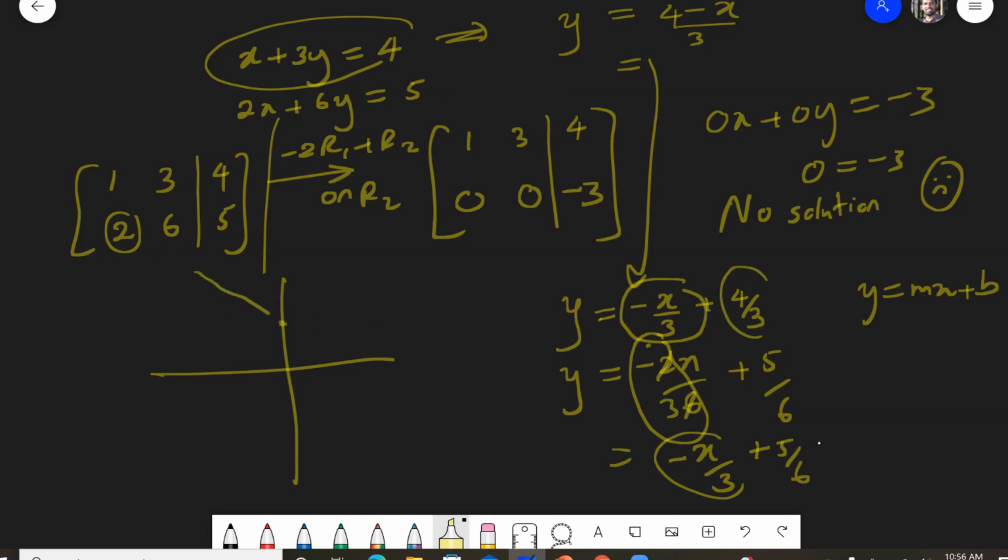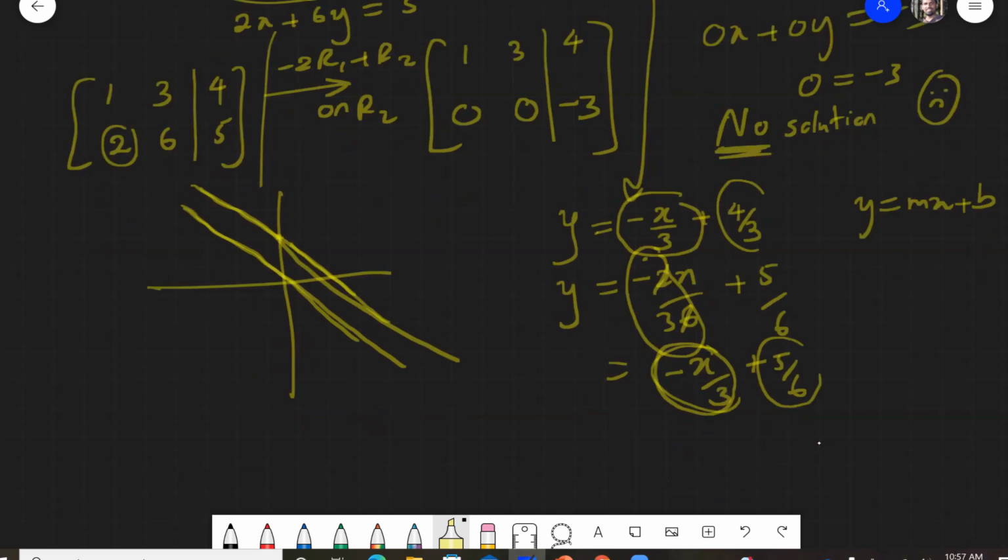So we have a line like this, and the second one has the same slope, but it's going through another point, 5 over 6, somewhere here. Now the point is, because they have the same slope, they are parallel lines. They will never meet. That's why no solutions.